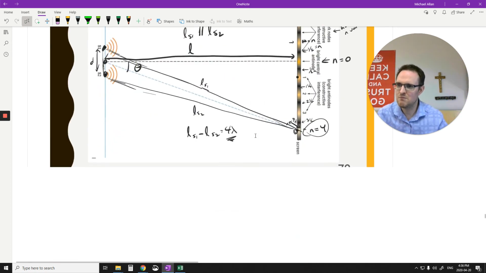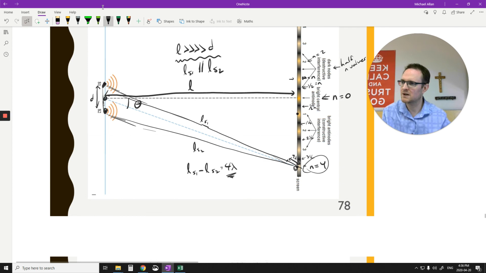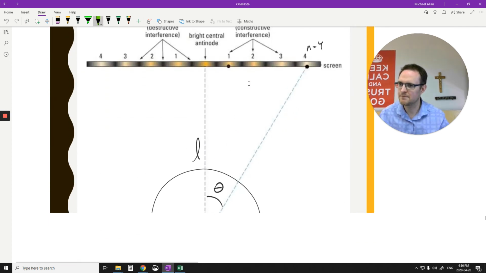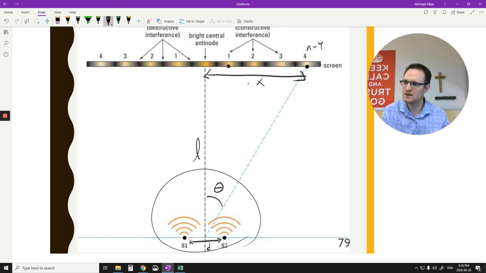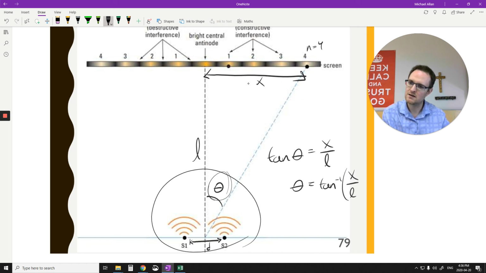So if I can measure those two distances, maybe I can draw it on this picture here. Actually, I'll draw it on this picture here. I can measure these two distances, like this here would be called x, and then I have L. If I want to find theta, X and L, opposite, adjacent, tan theta is equal to x over L, and I can use this to ever find theta.